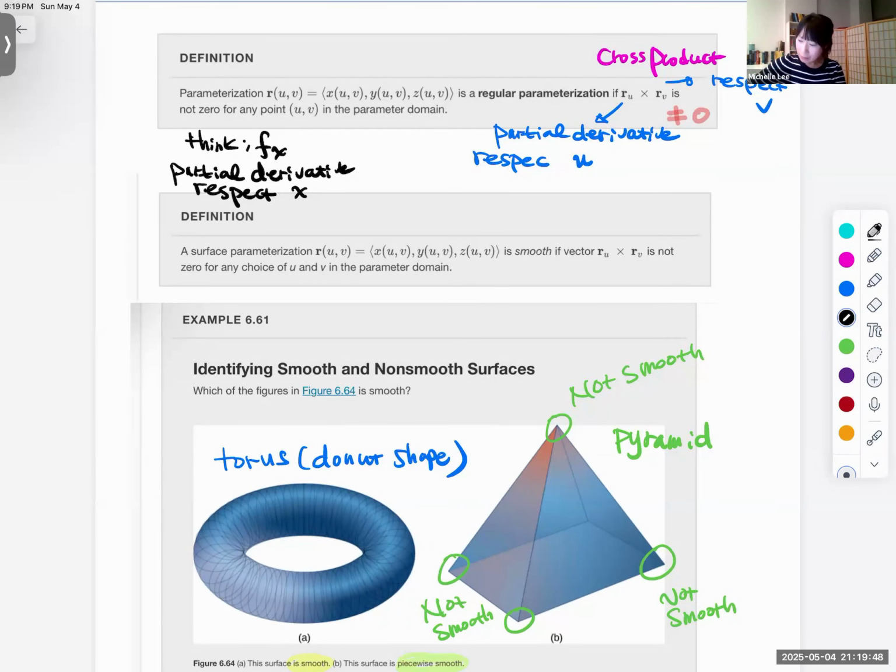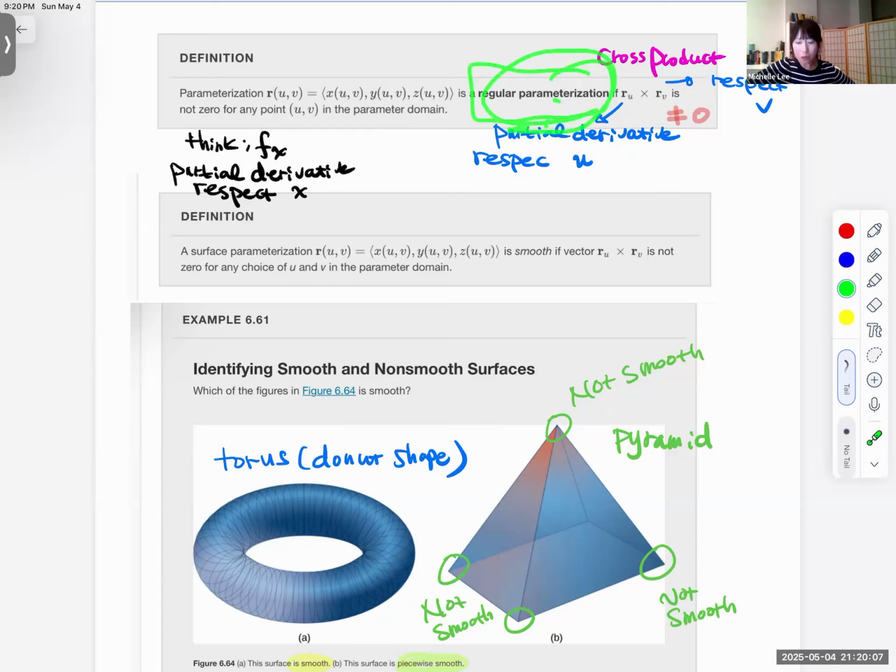So we have that the cross product of the partial derivative with respect to u and the partial derivative with respect to v is not equal to 0 in the parameter domain, right? So that is a terminology.